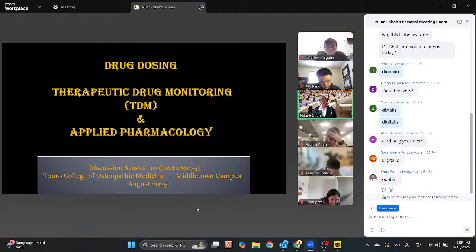The other drugs are aminophylline or theophylline that we use to treat bronchial asthma. So it's called an anti-asthmatic drug. It's not all, but some of them. We have to monitor those drug concentrations as well. Other drugs are aminoglycosides, which are antibiotics, and we have to be very careful, especially with patients who have kidney disease, renal failure, for example.